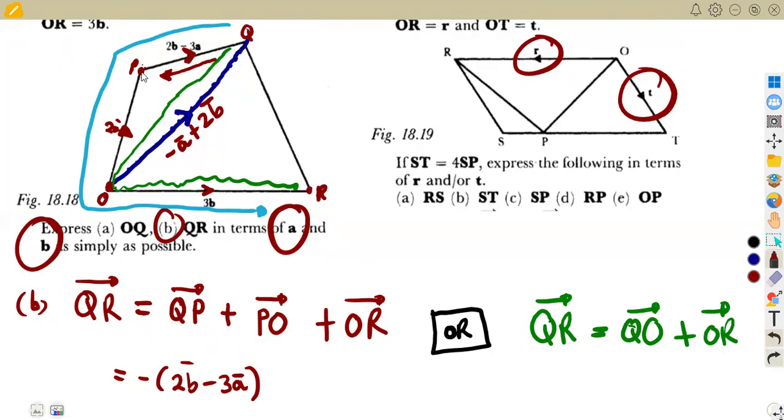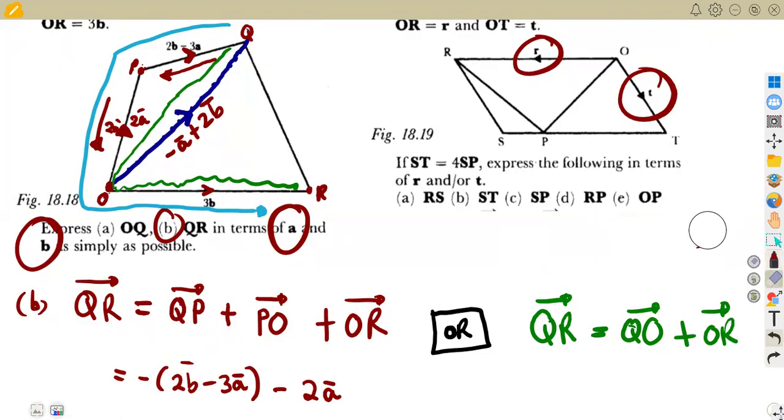The same thing from P to O. We are opposing. The arrow was facing up as we are going this way. We are opposing, so it is going to be a negative. Remember, this vector was 2a. So it's going to be a negative. It's a single term. There's no need for us to open a bracket there. We open a bracket because this one is an expression. Remember from your algebra, 2b minus 3a is an expression, so everything is affected.